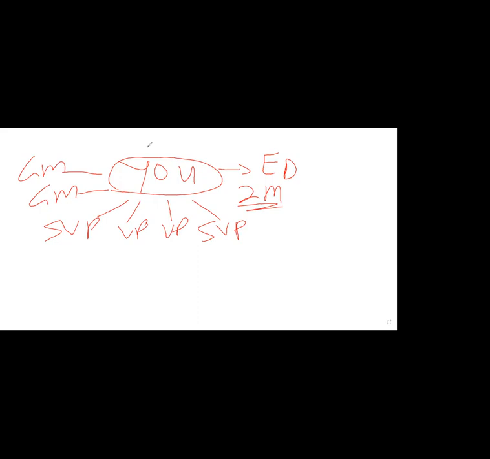Why? Because GM is 50K, right? 50, 50, 100. So let's just say you have another GM, because you had 6 legs, right? 1, 2, 3, 4, 5, 6, 7. Maybe that's 7 legs. So 150K from 3 GMs. SVP 500K.